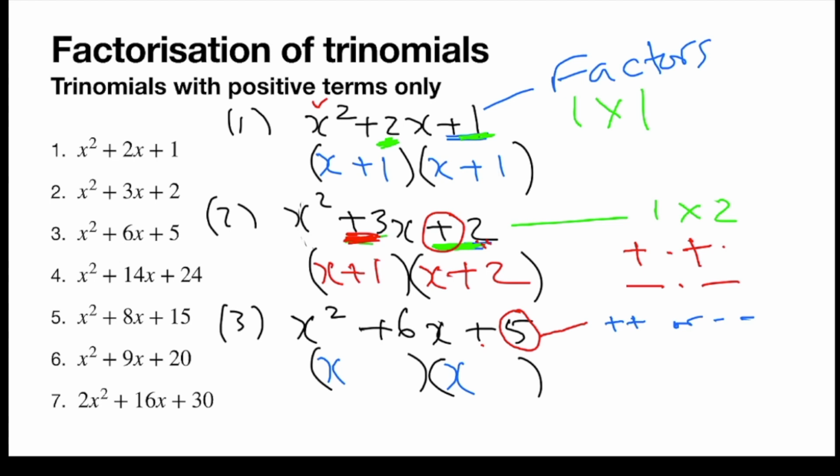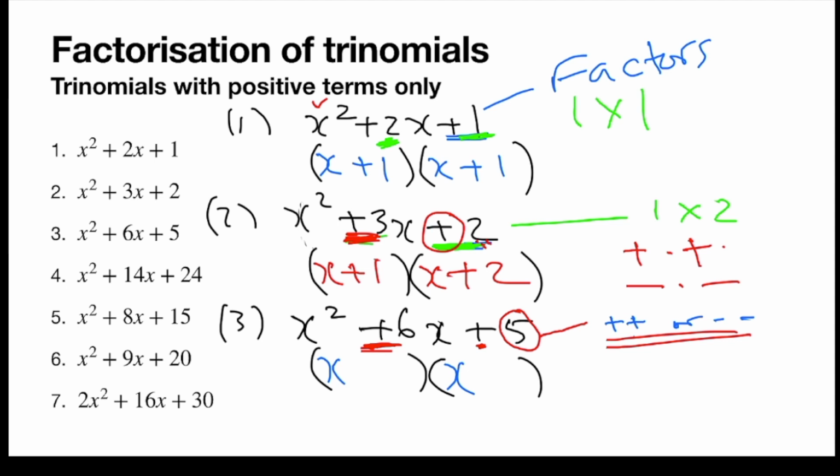So we need to decide, should the factors be both positive or both negative? I know in this example they should be both positive, because I need to get a positive. If there's a plus sign there, it means the signs should be the same, and we should take that sign. So both should be positive.